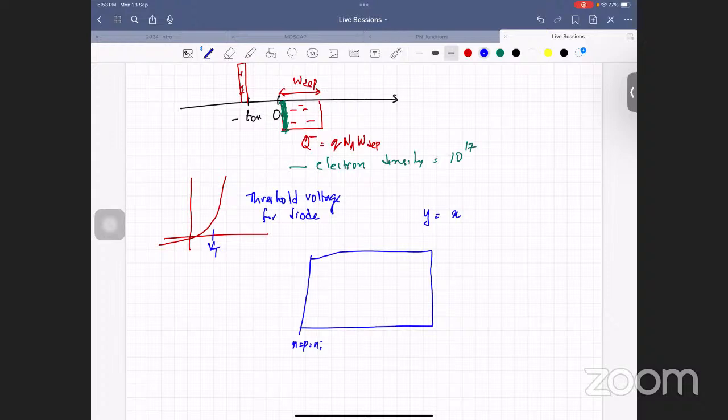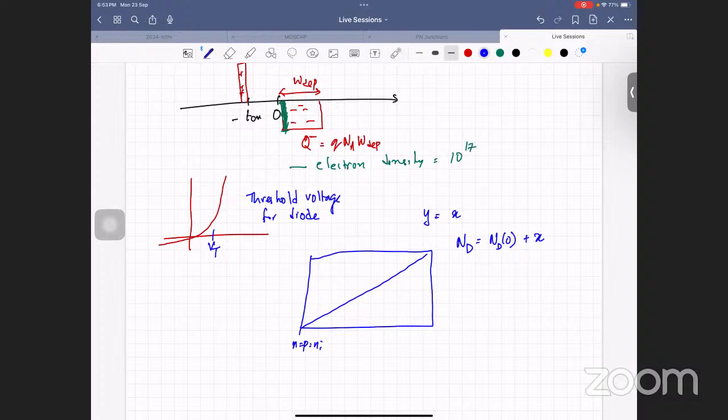Then we introduce a doping, let's call it Nd, equal to Nd0 plus x times something.